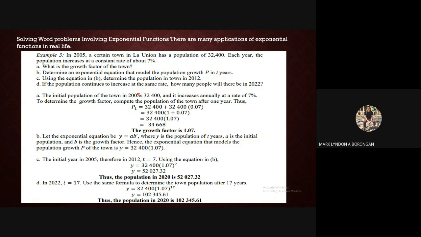Thus, ato ang equation ani will become P sub 1 is equal to 32,400 plus 32,400 times the annual rate, which is 0.07 or 7%. So, muna siya ang atong original o muna siya ang atuang population with an increased annual rate.